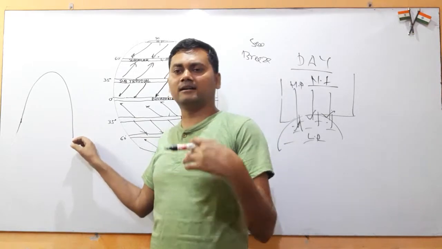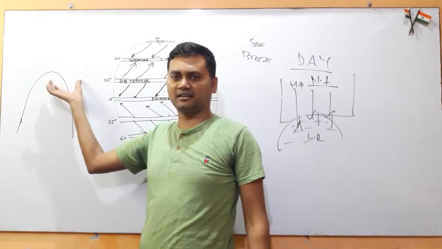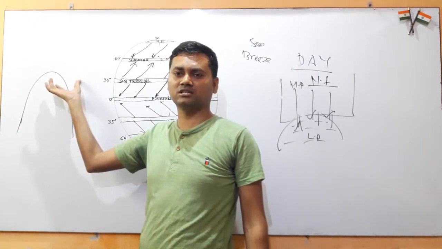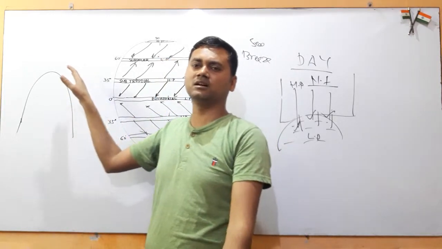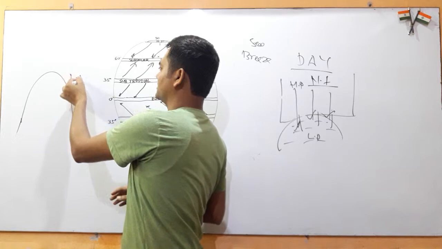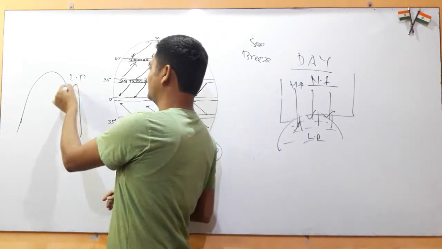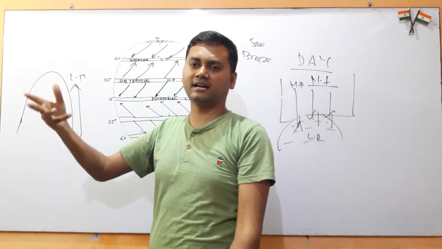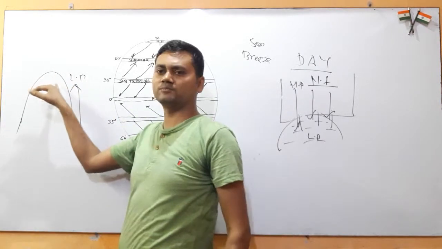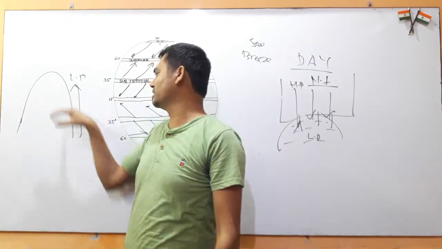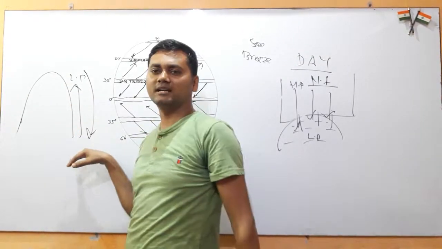So during the daytime, when the temperature is quite high, this portion would have low pressure, and the wind would blow like this. At night the situation would be opposite, because the temperature of this portion would be low in comparison to the other portion, so the direction of the wind would be like this.